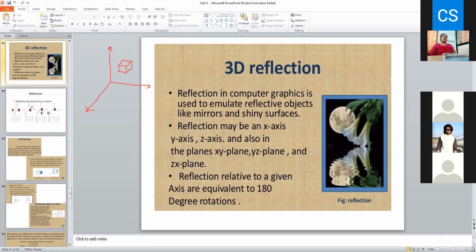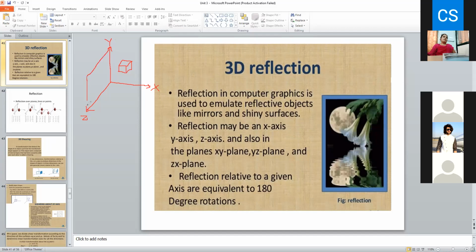Consider an object, a cube, that I want to reflect about a plane. This is your x, this is y, and this is z. My question is, if I want to reflect this about the xy plane, or rather, let us consider the yz plane. I want to reflect this object about the yz plane.